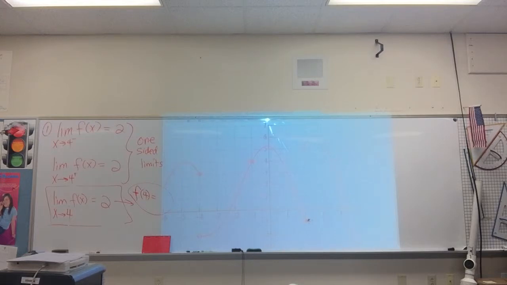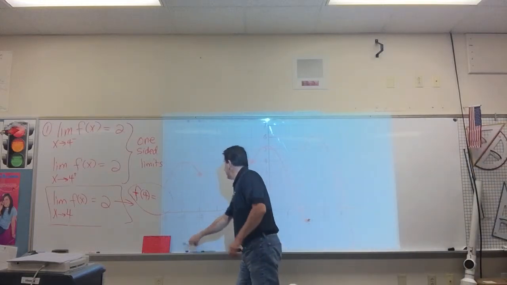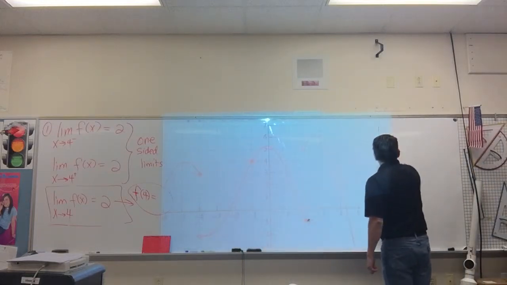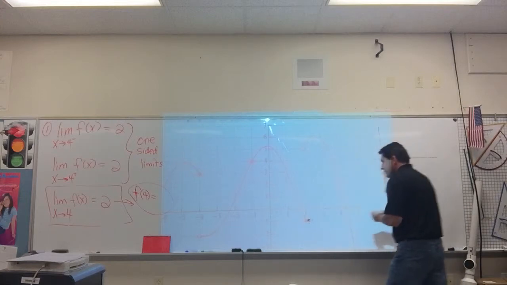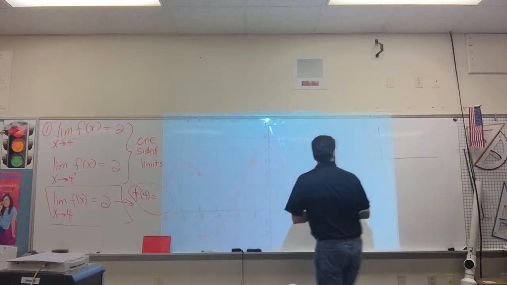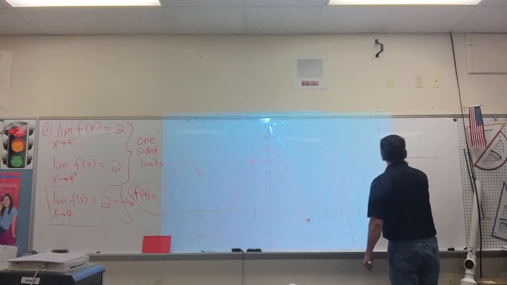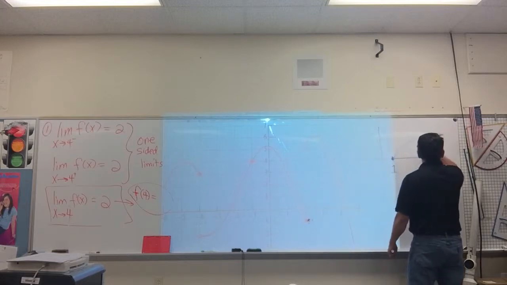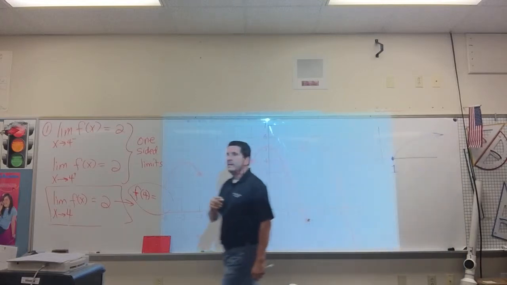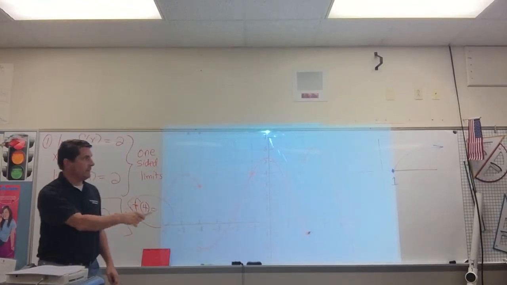Yes? What if the graph just doesn't approach it from the outside? Great question. The classic case, the question that she's asking, I'm thinking, is like, what if you have a square root? Okay, so a square root function that's maybe shifted over 1. In this case, you cannot do a left-hand limit.